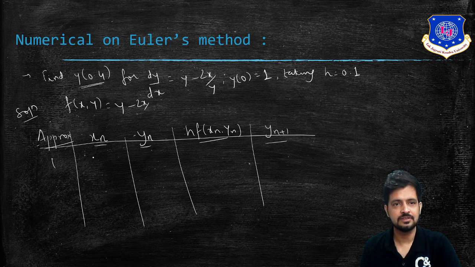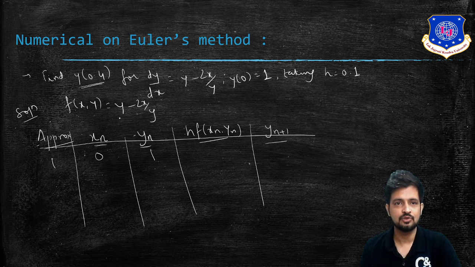What is our first value of xn and yn? You have to start from 0, so xn is 0, yn is 1. How can we find f of xn comma yn? We have to place both these values in y minus 2x by y, and then multiply it by 0.1.